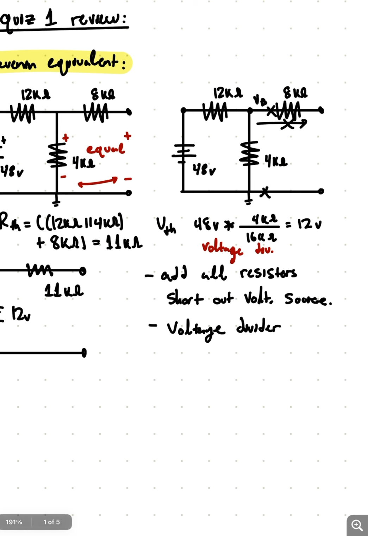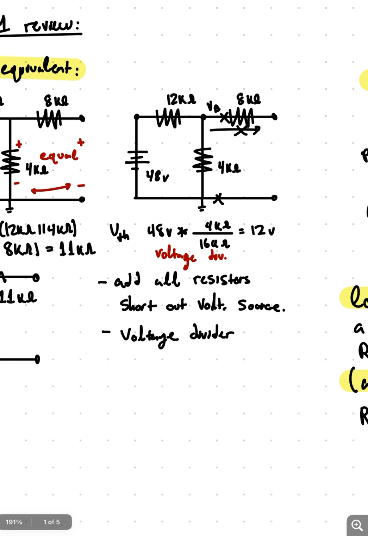So for this circuit, you have current flowing, voltage at these nodes, and then you have your current flowing out. But keep in mind, I don't know if you guys remember from circuits, but current does not flow out of this resistor, and so we can cut it off here, and we're left with a voltage divider, which can let us find the Thevenin.